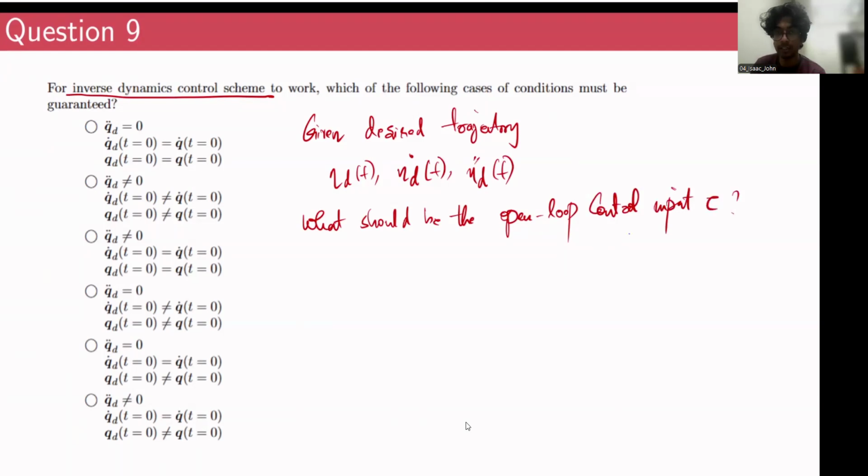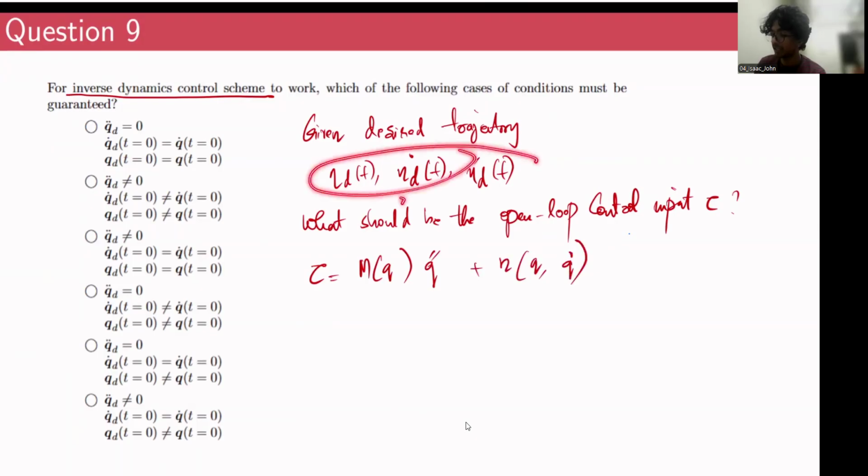From the inverse dynamics equation, we know that tau is nothing but M of q multiplied by q double dot plus N of q, q dot. If you substitute this desired trajectory directly into this equation of motion, you will get the open loop control input. That makes it M of q desired multiplied by q desired double dot plus N of q desired, q desired dot.